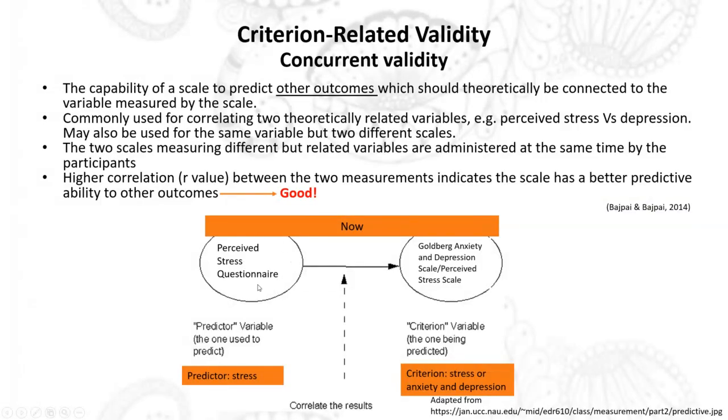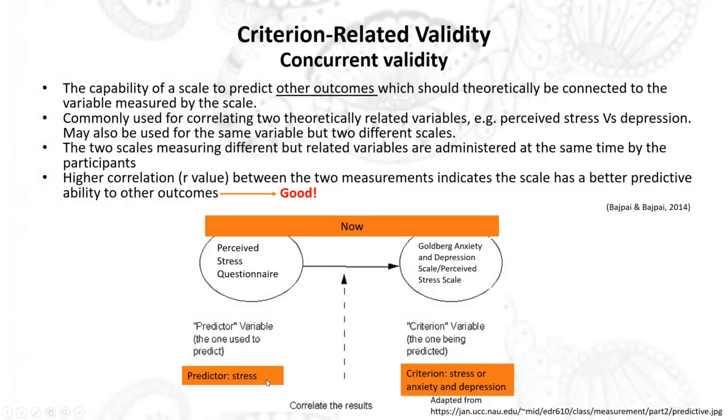I want to know whether this scale can at the same time also indicate whether my subjects have any anxiety or depression. So if I want to demonstrate the concurrent validity of my stress scale, first, the subjects, the nursing students, need to fill in this perceived stress questionnaire developed by me. And at the same time, they need to fill in the anxiety and depression scales.